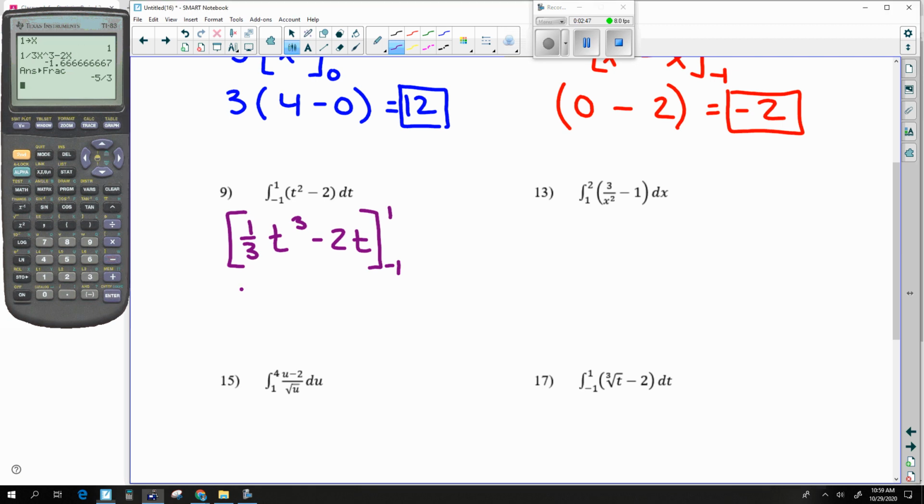Make it look like I didn't use a calculator. That's -5/3 minus the evaluation at -1. It's 5/3. This is -10/3.